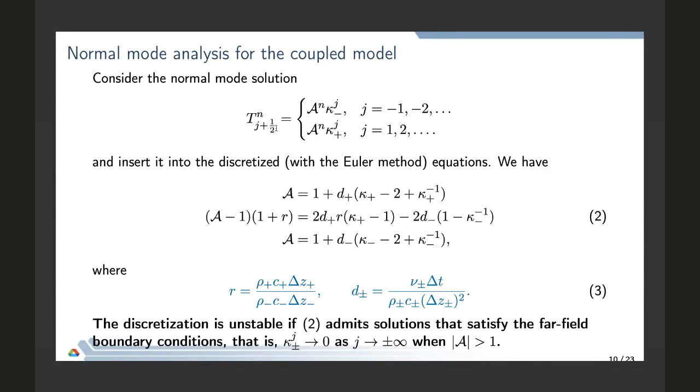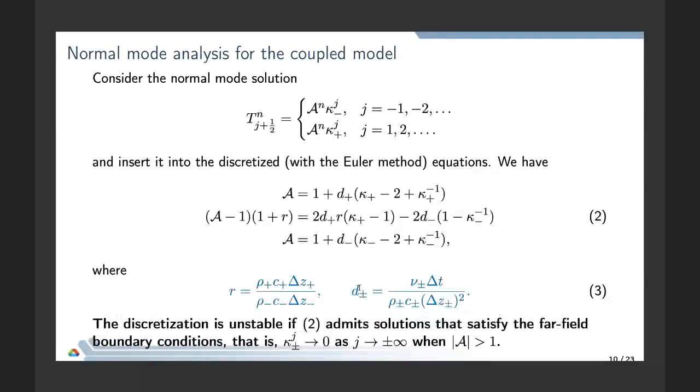Here we need to note that there are two important parameters. R here is the ratio between the density heat capacity times the grid size delta Z, and D is nothing but the Courant number for diffusion.